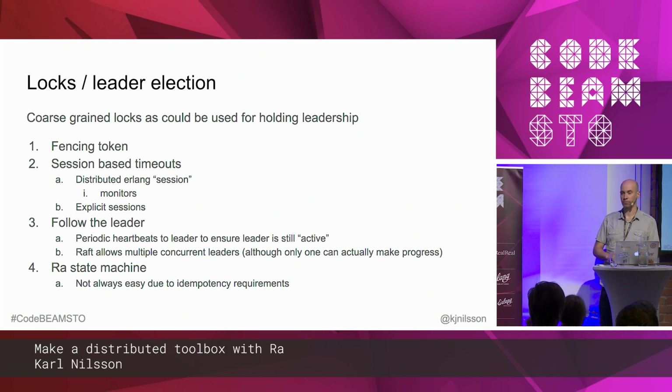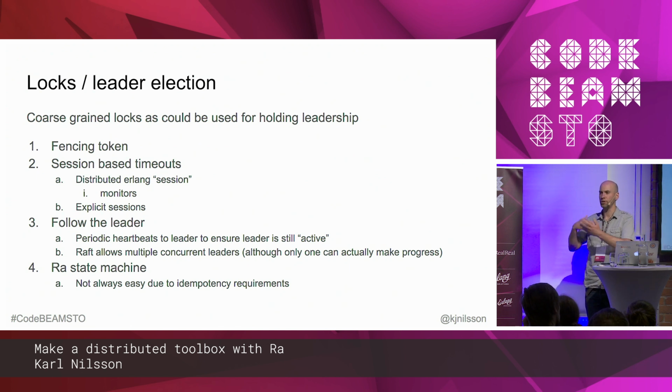The first one we're going to talk about is a fencing token approach. The second one is the session-based approach, where you maintain a session, you got a lock, you keep heartbeating with the lock server in order to maintain your lock.